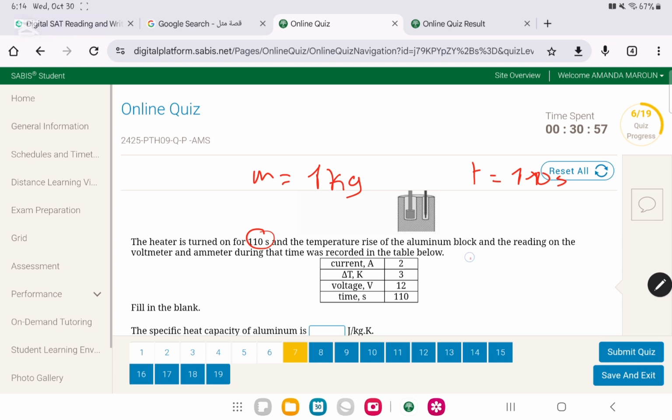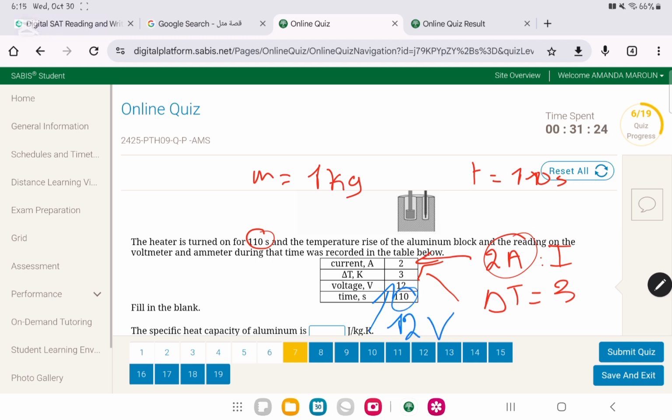Then we have our current, which is 2 amperes. Then we have our change in temperature, which is 3. And we also have the voltage, which is 12 volts. What they're asking us to find is the specific heat capacity of aluminium.